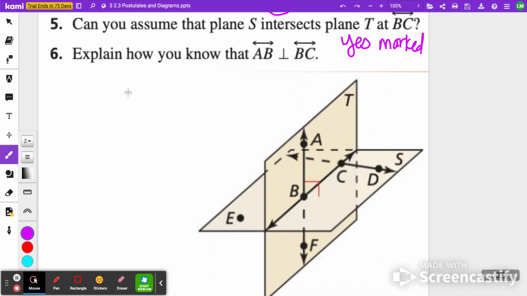Explain how you know that line AB is perpendicular to line BC. So this one we have to look very closely. Here is AB, and here is BC. Okay.